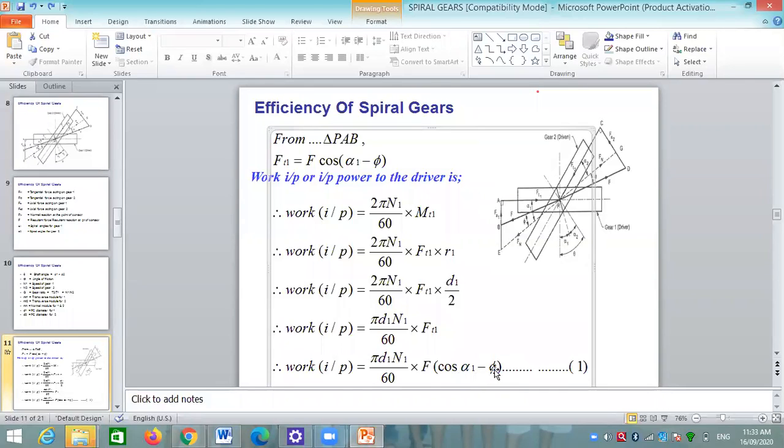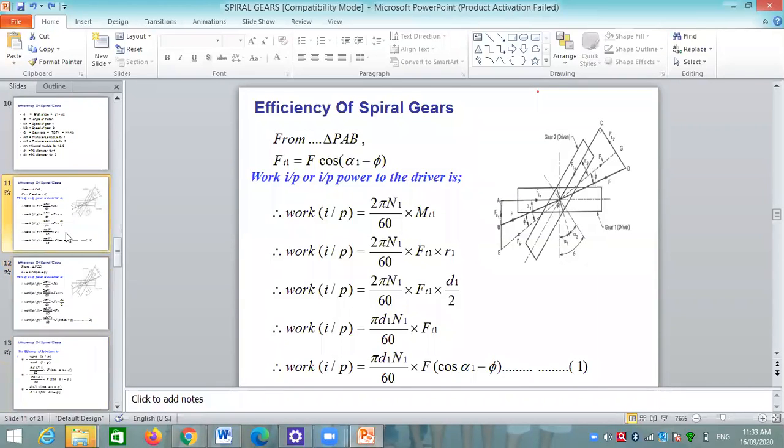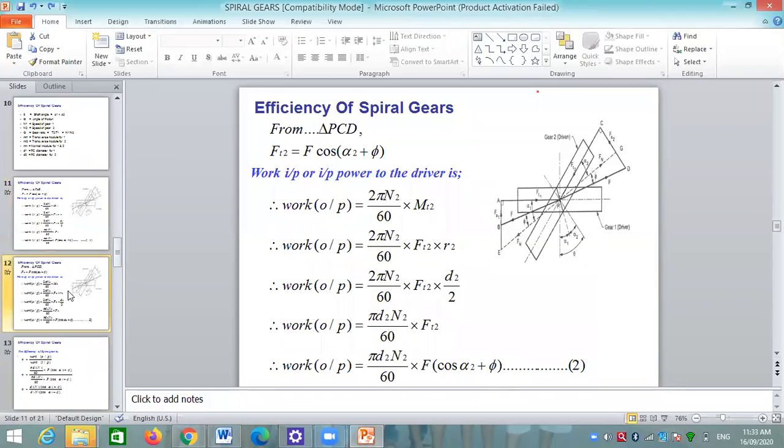Alpha 1 is the spiral angle of gear 1 and phi is the friction angle. Similarly, for the output, we will get output is equal to pi d2 into n2 divided by 60 into F into cos of alpha 2 plus phi.